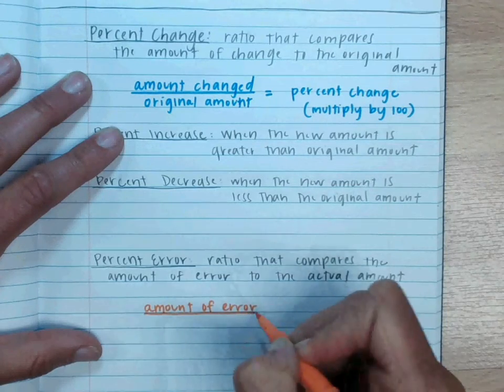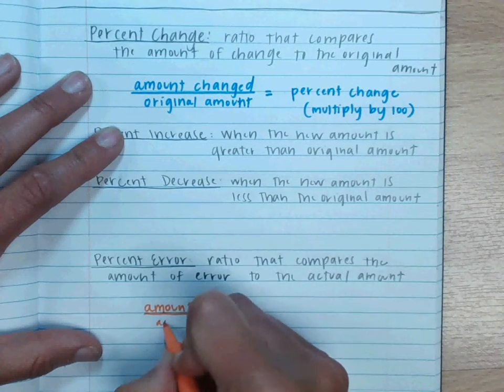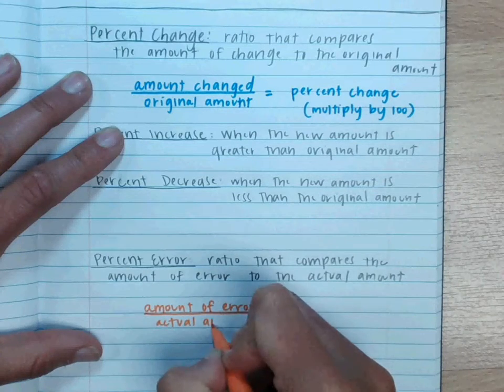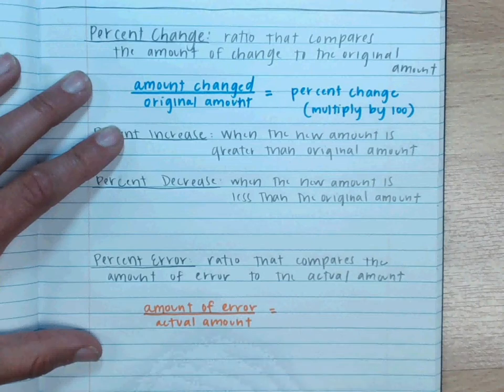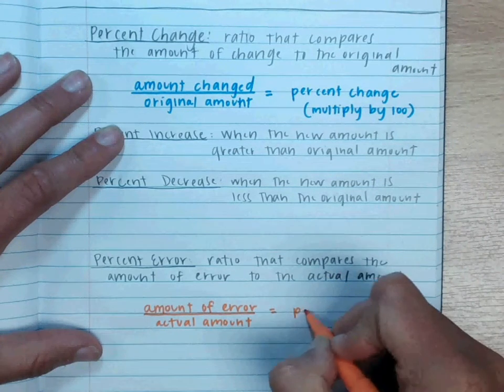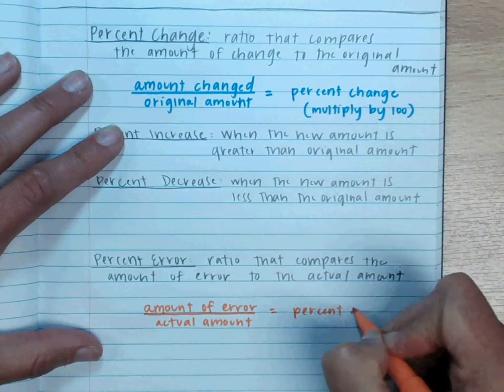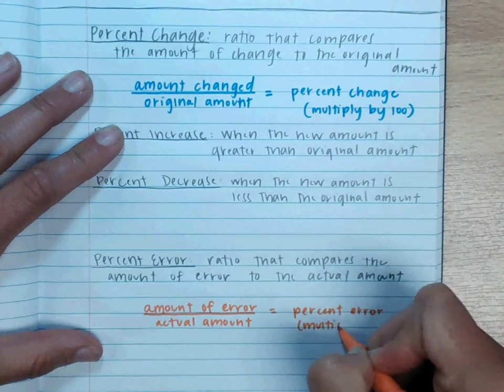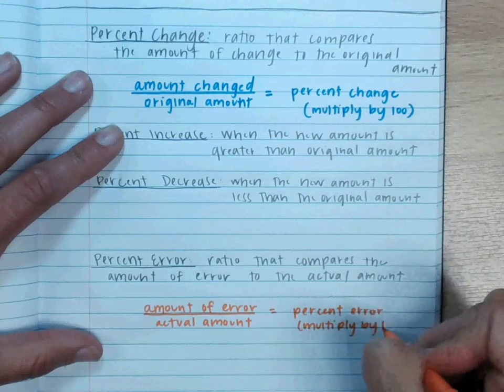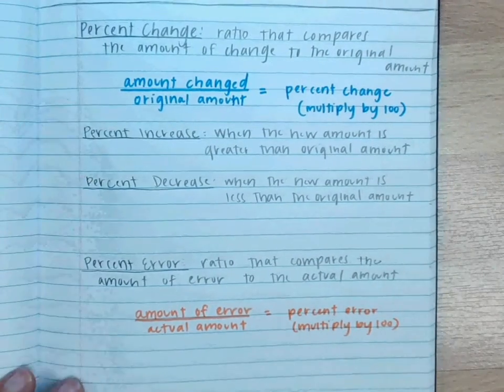And divide that by the actual amount, or in this case, the actual amount that the package weighed. And again, that's going to give us that percent error. Of course, we have to multiply that by 100 because we're going to get a decimal when we do that.